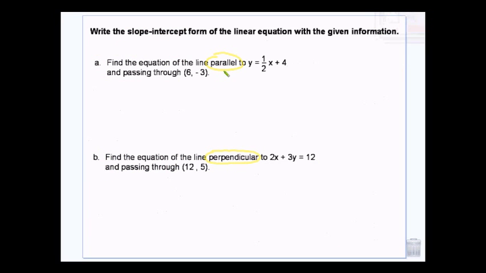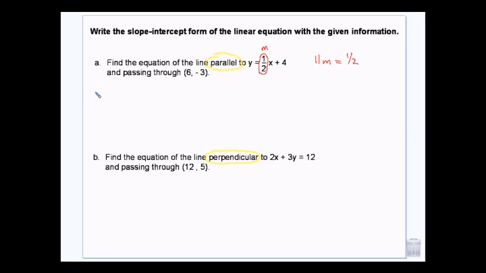I think it helps to highlight or circle or underline that word parallel or perpendicular, so it keeps it in your mind, like I'm looking for this type of slope. So in this case, I'm already in y equals mx plus b, so here's m. Well, parallel m is the same, so it's 1/2. So those parts are really easy because they're done.